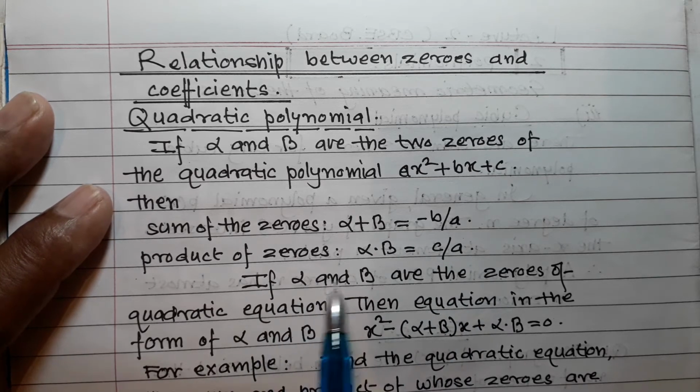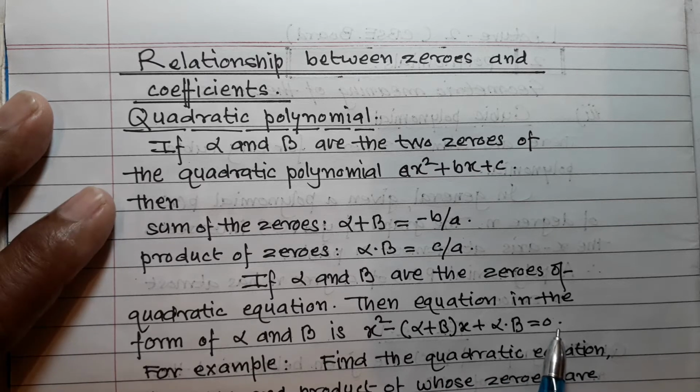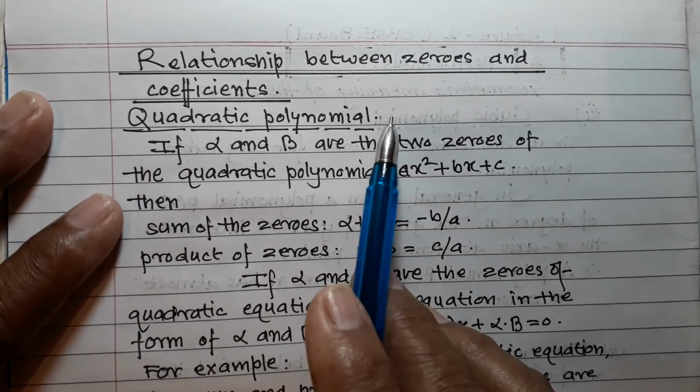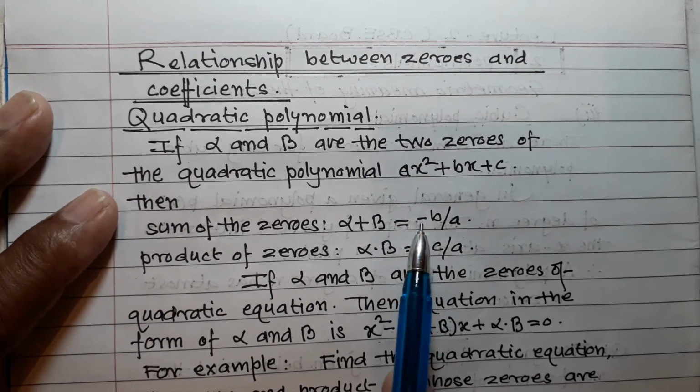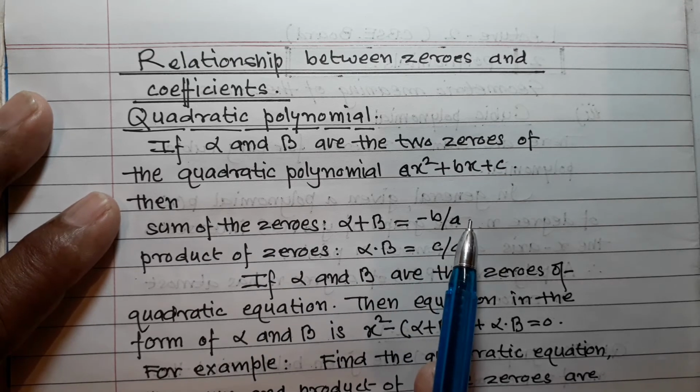If alpha and beta are the zeros of the quadratic equation, then the equation in the form of alpha and beta is x square minus (alpha plus beta) x plus alpha into beta is equal to 0. So for a quadratic polynomial, this is the relation between the zeros and coefficients.